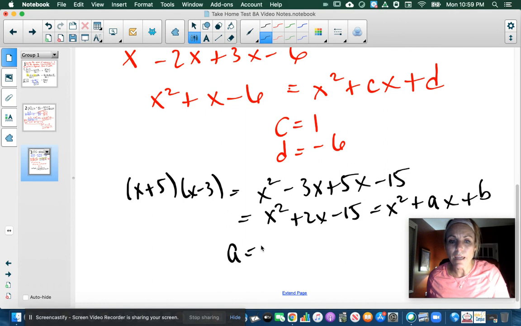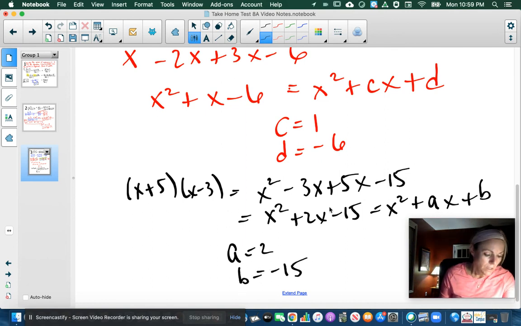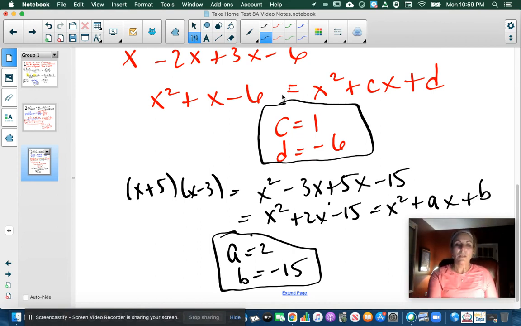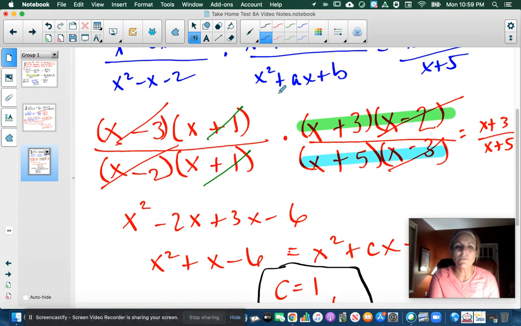Which says that a is 2 and b is -15. All right, so I think we're good. We got our A and our B. We got our C and our D. And that's exactly what they're asking us to find.